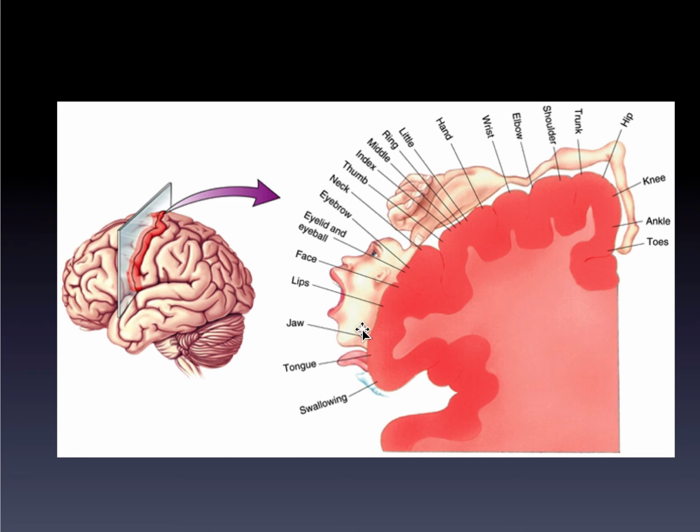And we can see its location, and you'll notice it's also, just like we saw with the somatotopic map in somatosensory cortex, not precisely sized based on the body parts that it's innervating. So you can see that there's a huge representation of the face, an enormous representation of the hands, and so forth.